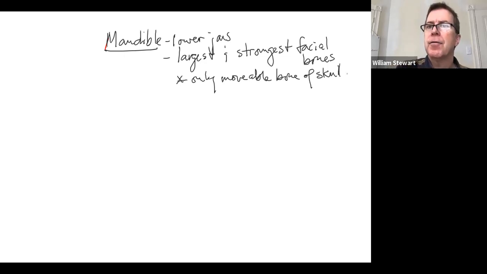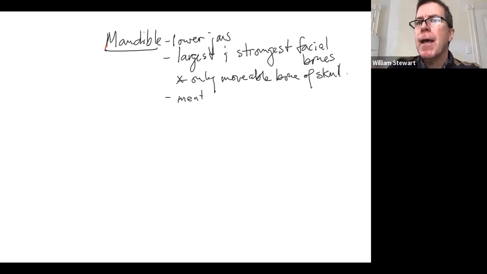It contains a few markings that I'm going to list. First is the mental foramen. Foramen means hole through the bone.